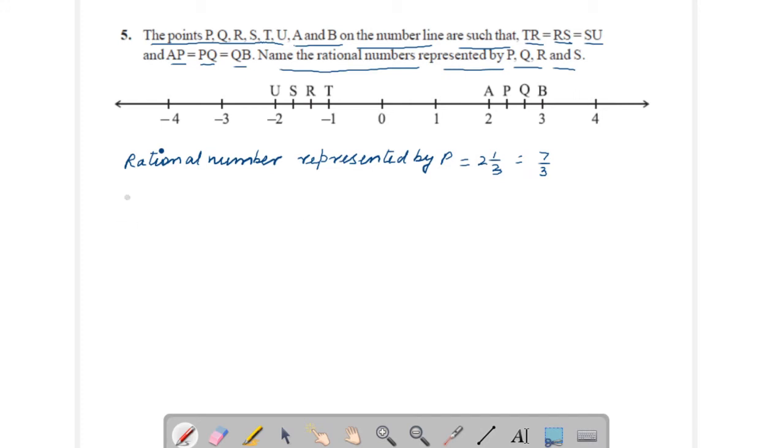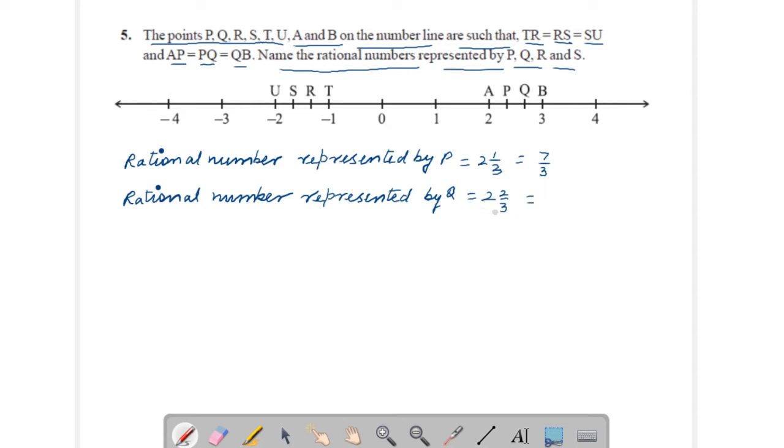Similarly, the rational number represented by Q: it is 2, and for Q here we have taken two parts, so it can be written as 2 and 2 upon 3.